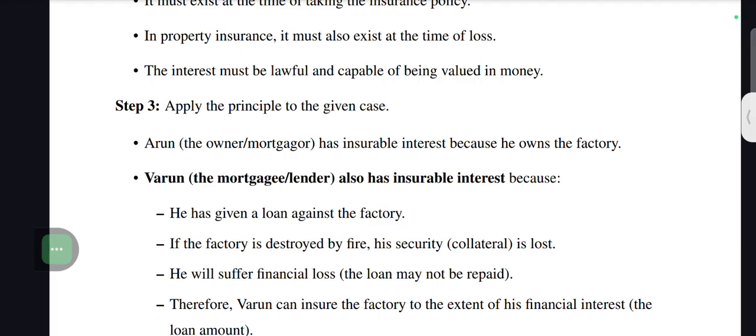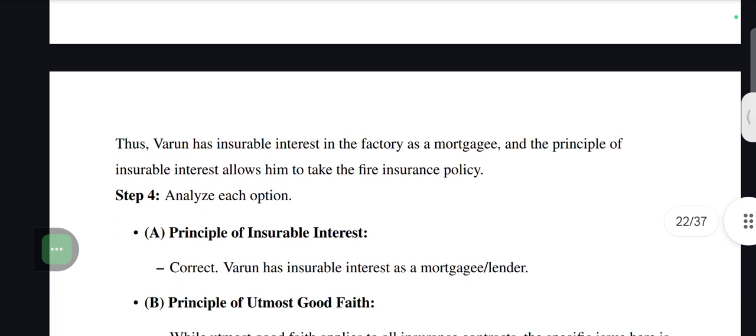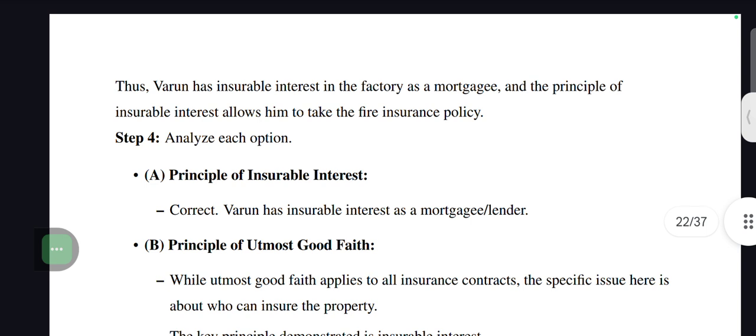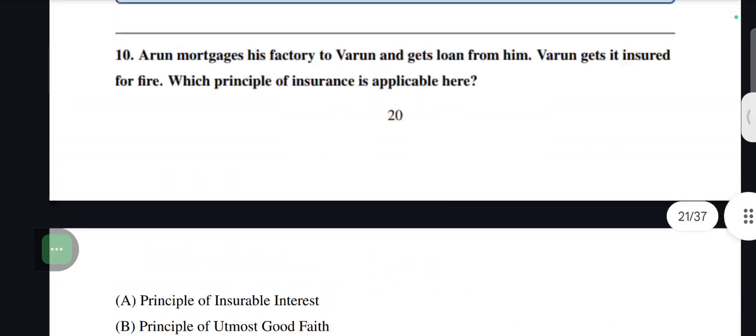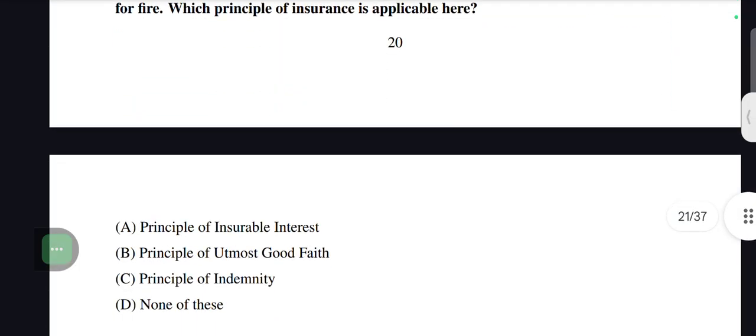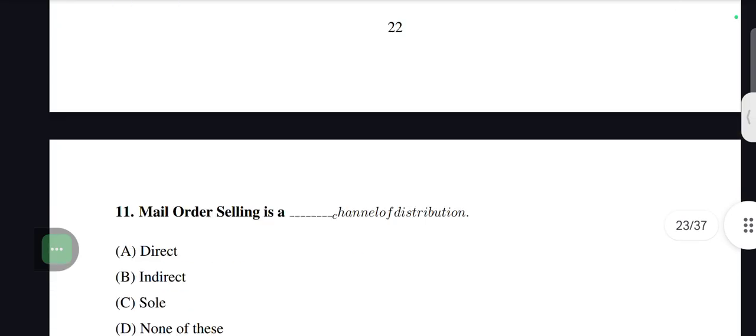Therefore, the principle of insurable interest is the correct option, as Varun has insurable interest as the lender. So option A is the correct answer.